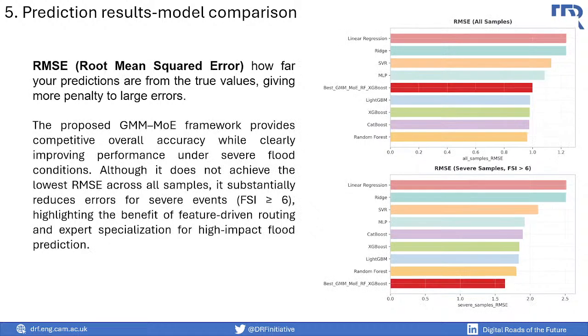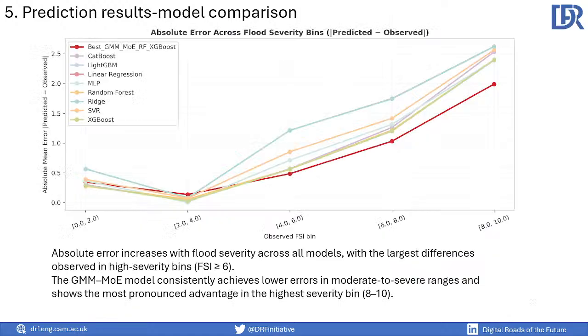This is the root mean square error, which gives more penalty to large errors. We get a similar conclusion: for overall prediction, random forest is still the best one, but for the severe flood events, our proposed model is the best one.